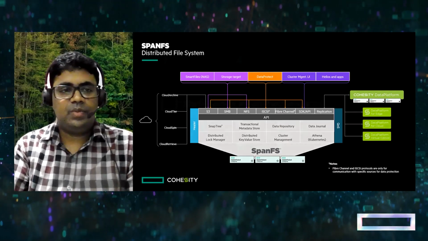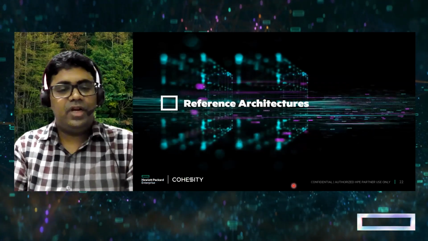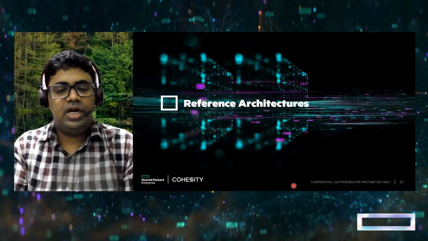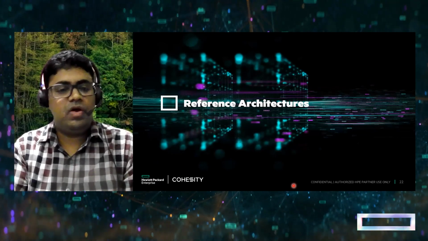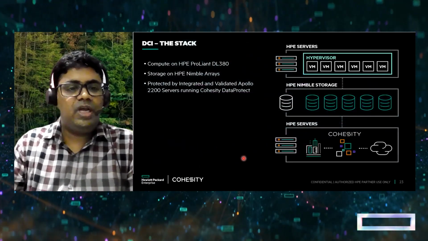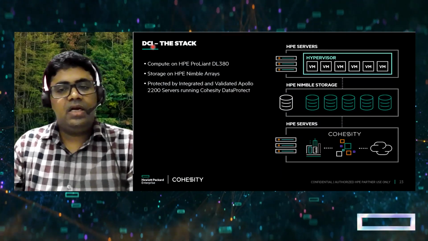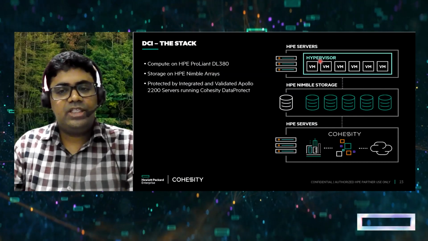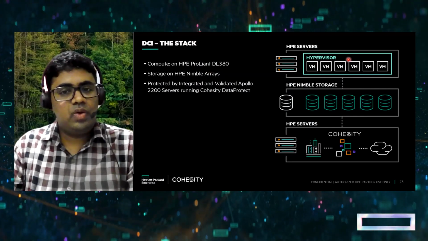Okay, let's move on to another point, reference architectures. With the HPE and Cohesity combination solution we discussed until now, there are some reference architectures. One main architecture is DCI, direct converged infrastructure, and this stack involves HPE servers, including the hypervisor.